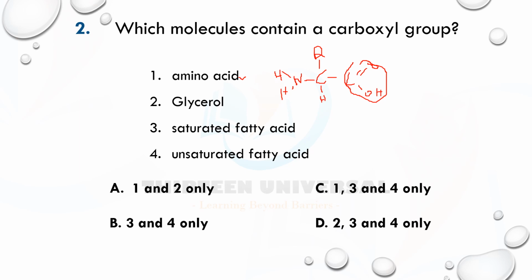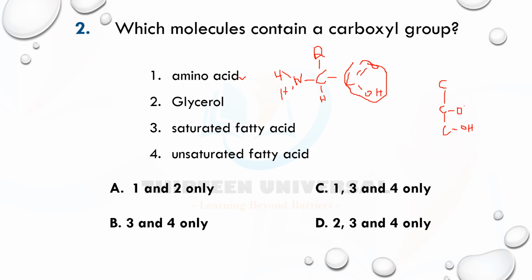Now let's come to glycerol. If you remember, glycerol is a 3 carbon compound. Does it have a carboxyl group? Glycerol has more of hydroxyl groups, about 3 hydroxyl groups attached to each carbon atom.